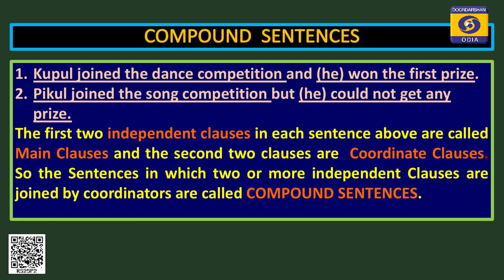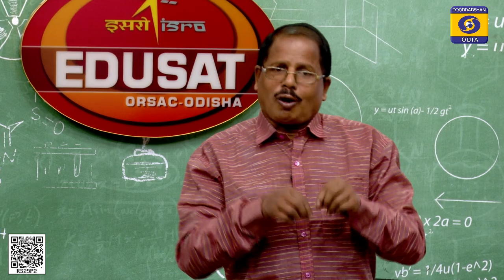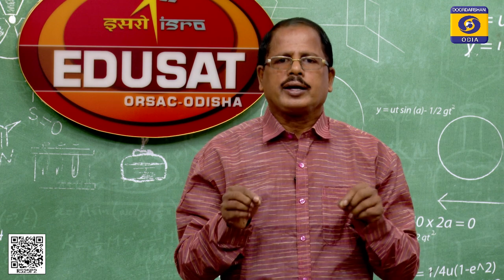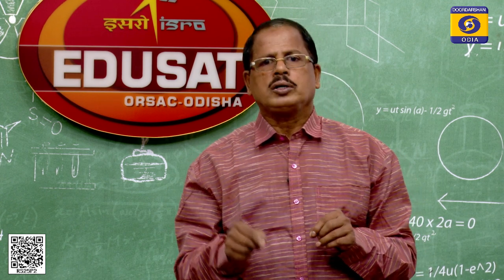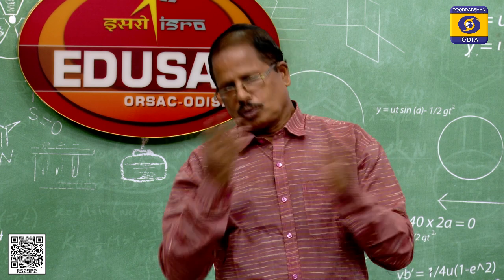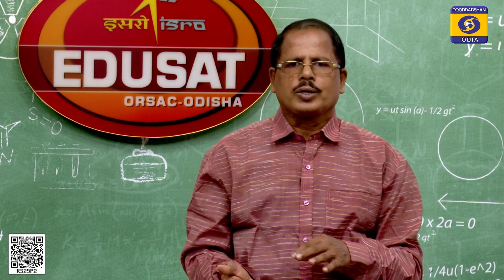You see, when we say compound sentences, we have more than one clause, and a simple sentence is a clause. The clauses are joined by a conjunction, or maybe more than one conjunction, and all these clauses are independent, but the first clause is called the main clause and the other clauses are called coordinate clauses.